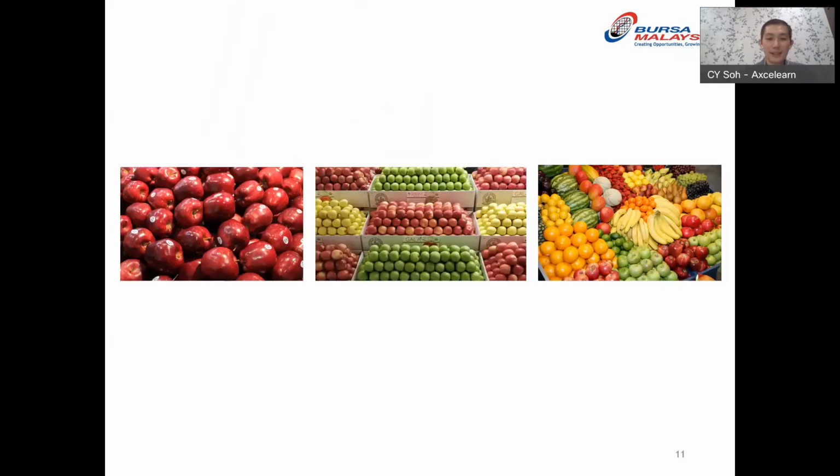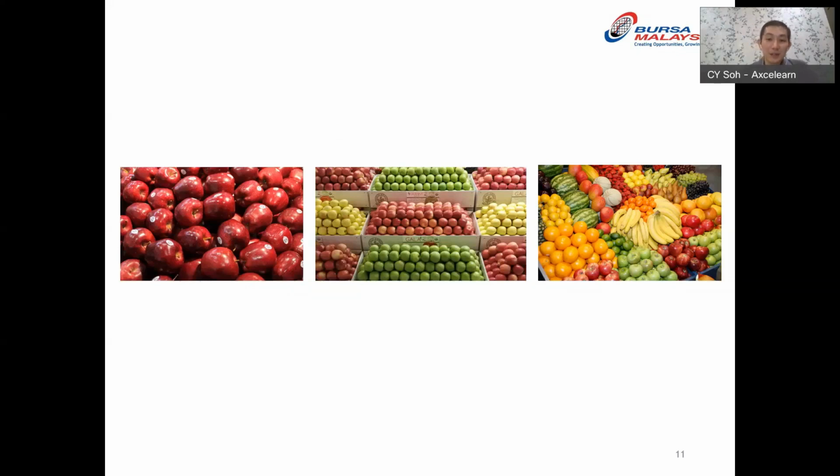Now, let's take back this fruit stall example as an analogy again. You can see here that all are actually fruits, right? All of them fall under the same category, right? However, if we look closely into it, not all fruits are actually produced from the same country. So for example, in Malaysia, we are unable to produce apple, we are unable to produce kiwi, right?